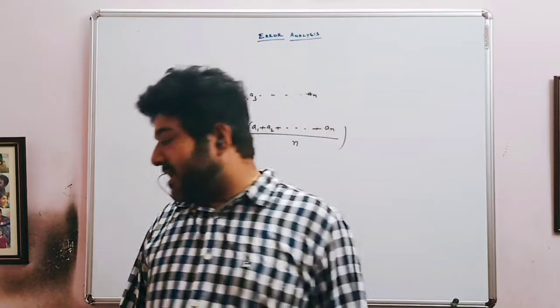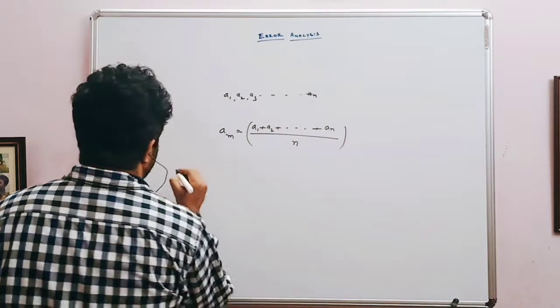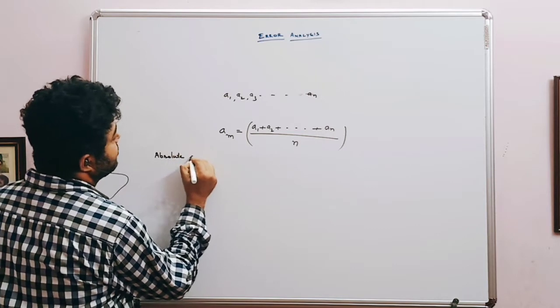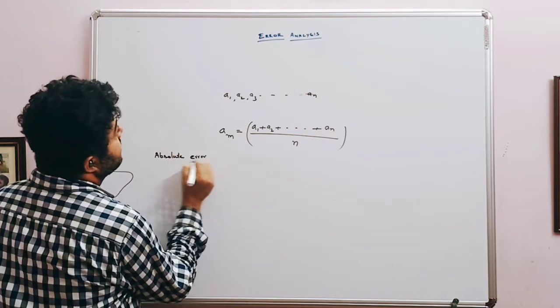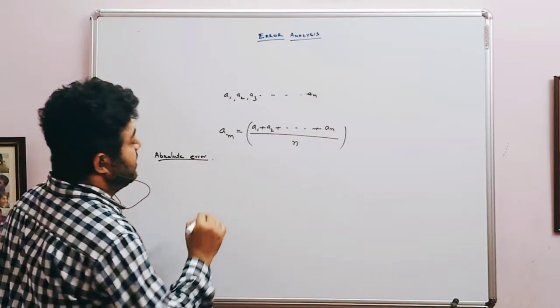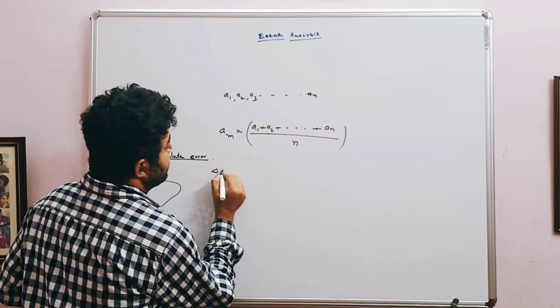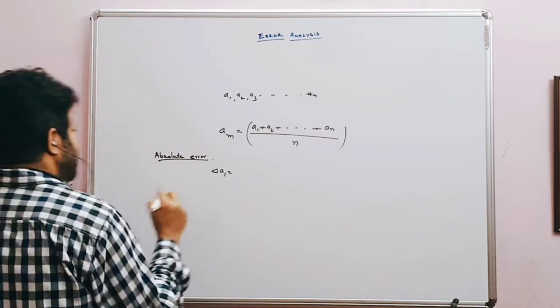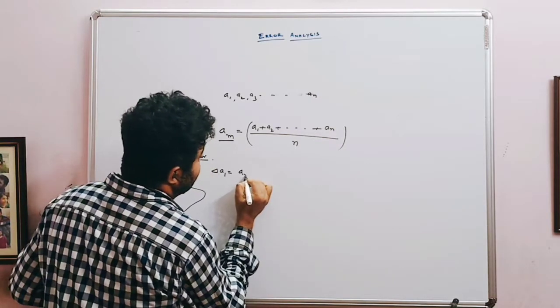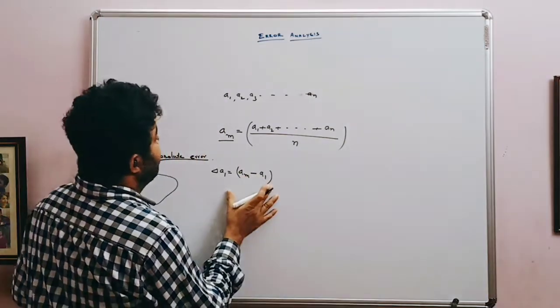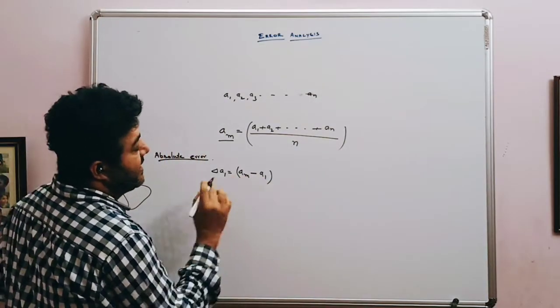ठीक है. Next is absolute error. In absolute error what happens कि सपोज मुझे फर्स्ट वैल्यू लेना है, so what we can write कि ये जो मेरा मीन वैल्यू आया, that mean value minus each value. For the first one absolute error we can write am minus a1.